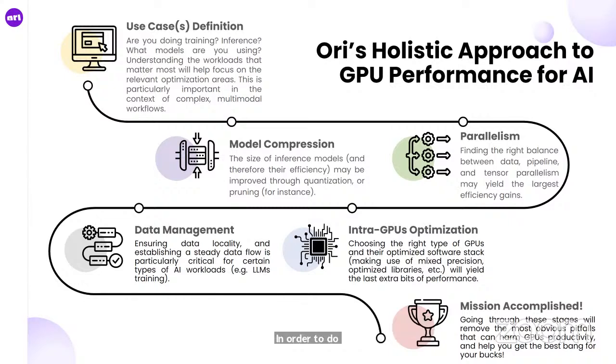And once these elements are in place, the next level up in terms of GPU optimization is really to look at how to optimize what is happening within the GPUs themselves. And this is where we start talking about, do we need to, can we use PyTorch or TensorFlow, or should we write code and use CUDA? We will be looking here at making use of optimized libraries or using mixed precision if relevant in order to scale things up.